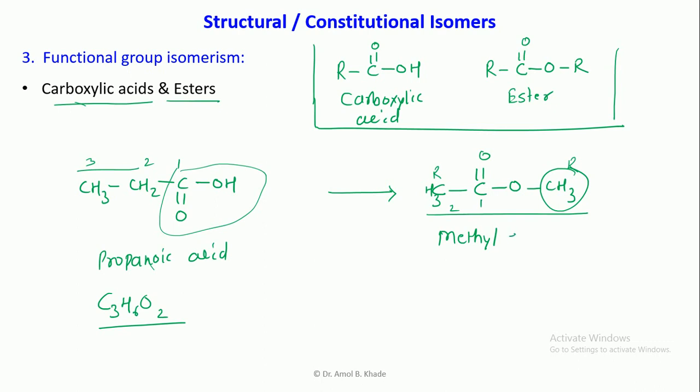So I will write ethanoate. OATE is the suffix here, so methyl ethanoate will be the correct name for this compound. In this case also we have 3 carbons, 6 hydrogens and 2 oxygens. So I can say propanoic acid and methyl ethanoate are functional group isomers of each other.